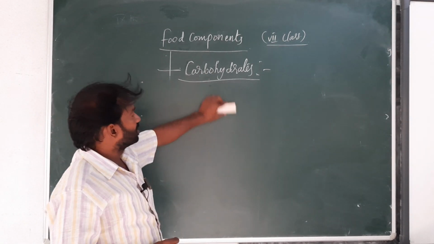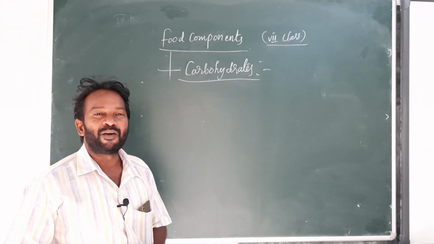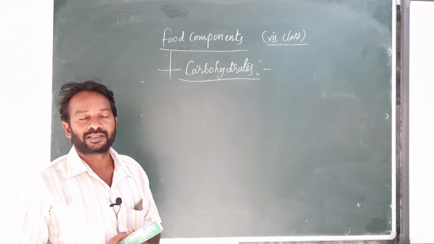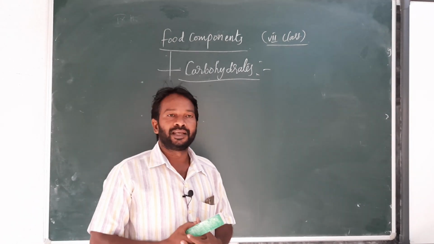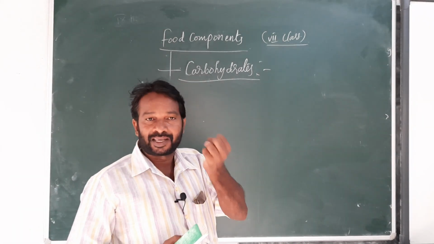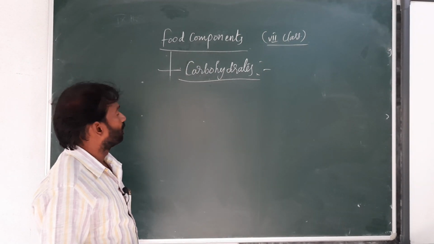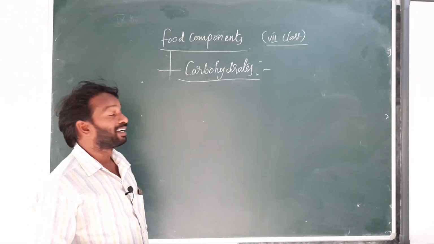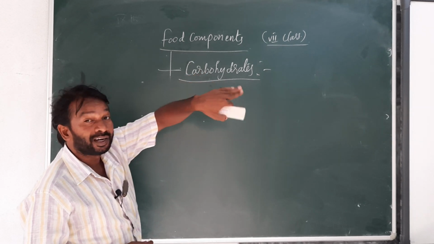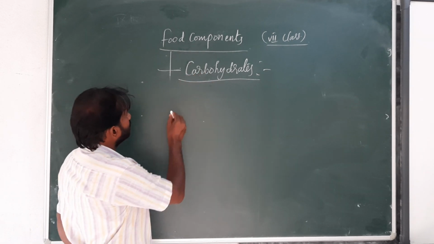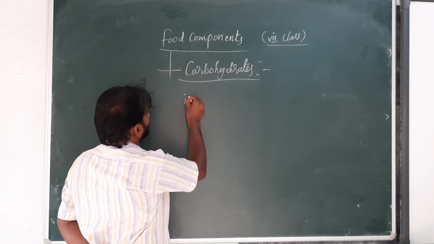For this activity we have to collect different food items: rice, bread, chapati, and some other food materials. After collecting, we have to use an indicator. What indicator is used to test the presence of carbohydrate or starch? Iodine solution.